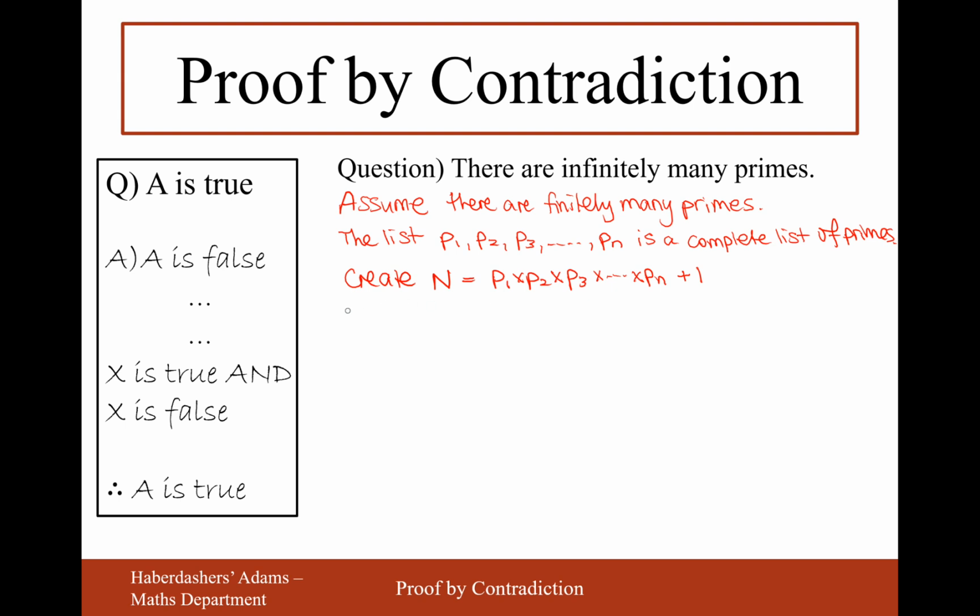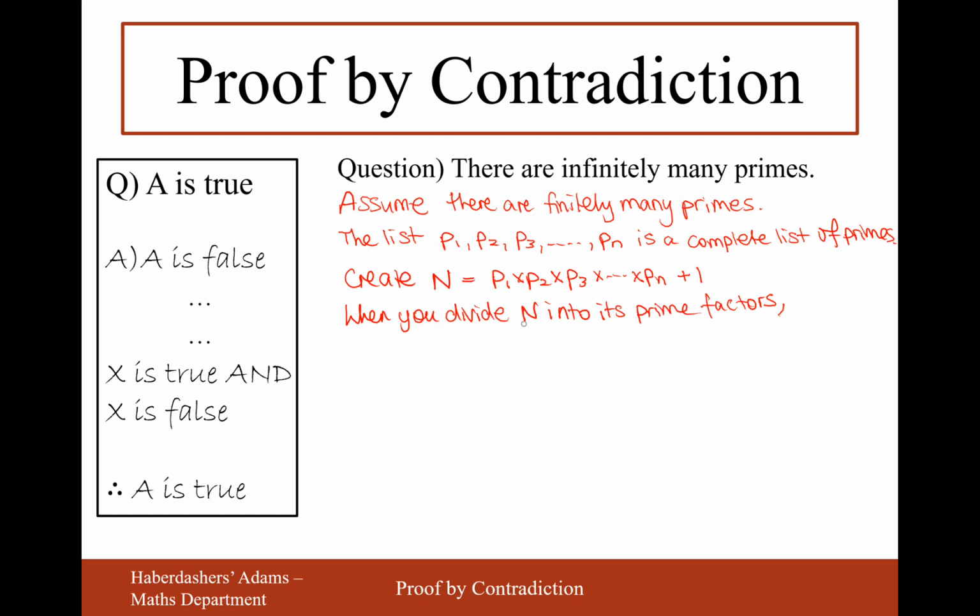Now what will happen here is when you divide n into its prime factors, what's going to happen? Well, you'll always get a remainder of 1 if you try and divide by any of these prime numbers that we've already found.